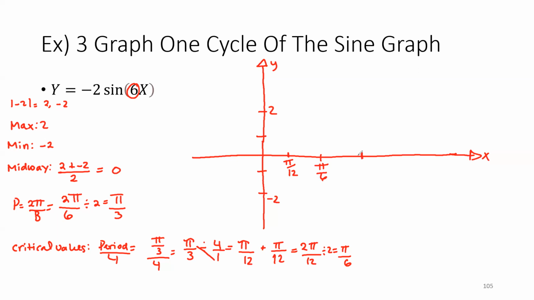And then keep adding pi over 12. Divide this by 2. That's 2 pi plus 1 pi is 3 pi over 12. So that is going to be pi over 4.